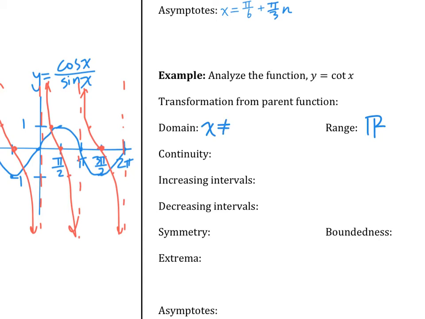So where is one asymptote? Pi, 2 pi. Negative pi, negative 2 pi. Yes, there's one at 0 as well. So then how often do they happen? Every pi. And then we're starting at 0, so we can just say it's not equal to pi n.